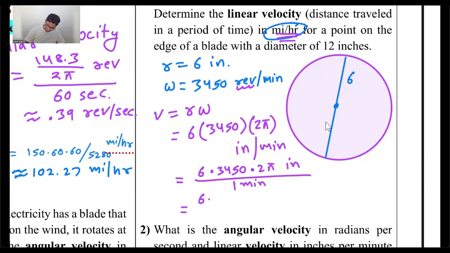So 6 times 3450 times 2 pi divided by, inches to feet, you divide by 12, that goes to feet. And that you divide further, which is basically multiplying here in parentheses.